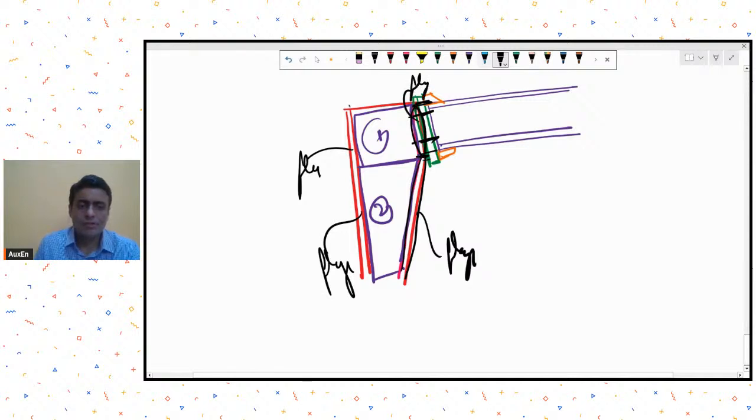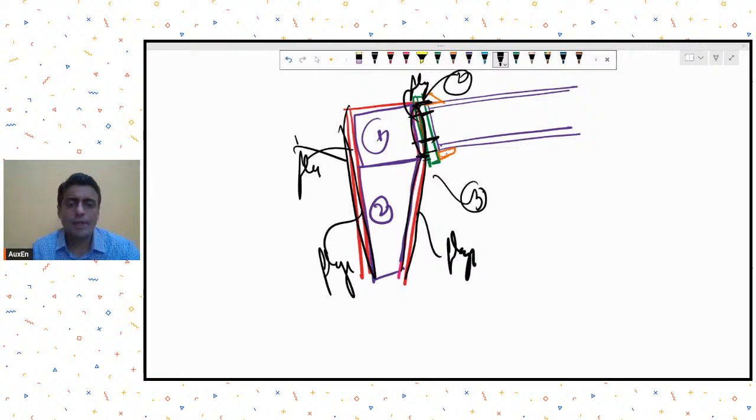So overall, this might be one flange over here, one plate. This will be another plate. This will be another plate, flange plate. The flange plate 2 and flange plate 3 will be fillet welded to the webs.